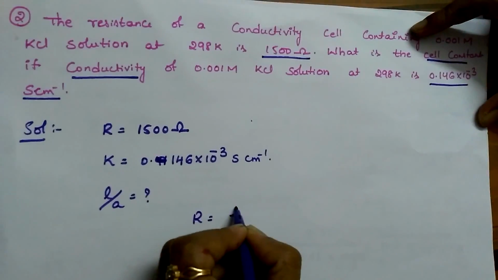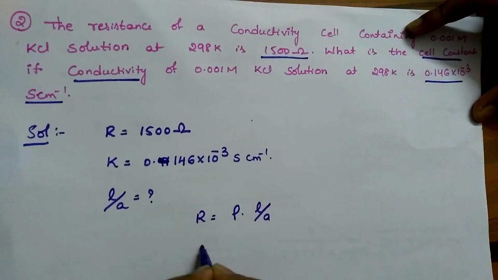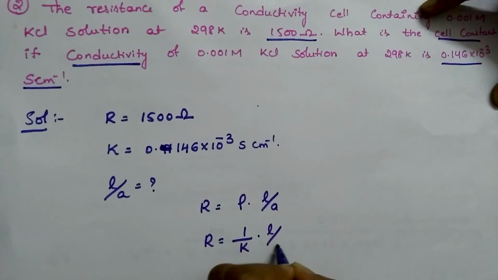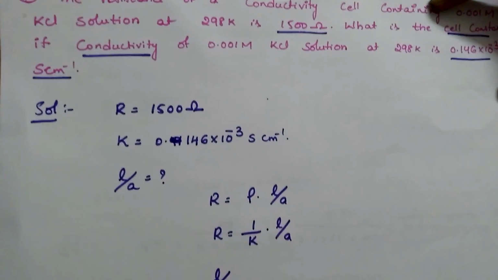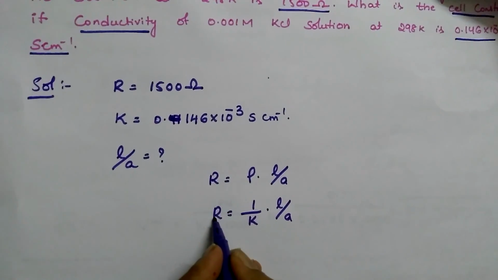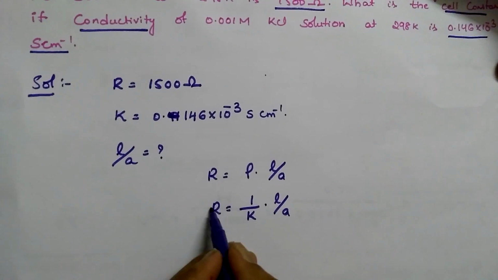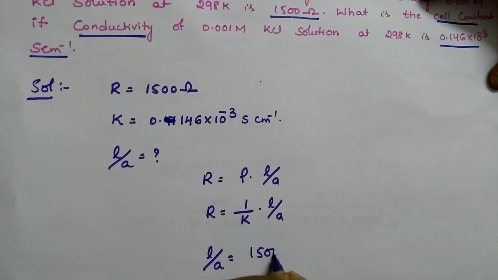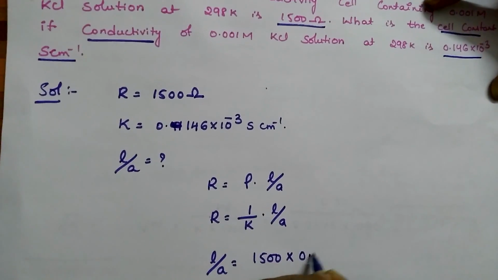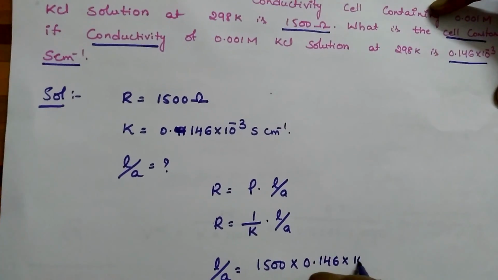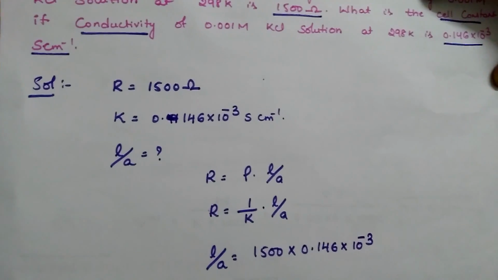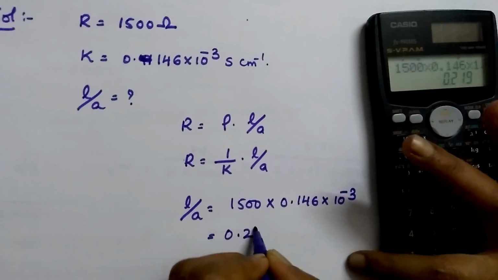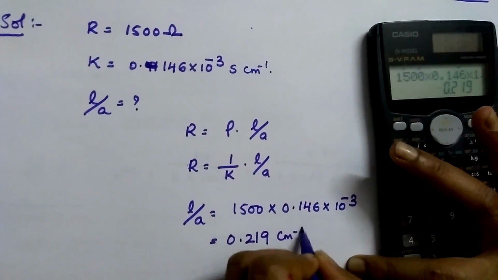R is equal to rho into L by A. Rho is nothing but 1 by K, conductivity, into L by A. L by A, the cell constant, is equal to resistance into conductivity. What is the resistance? 1500 ohms into conductivity 0.146 into 10 to the power of minus 3. Then we get 0.219 centimeter inverse.